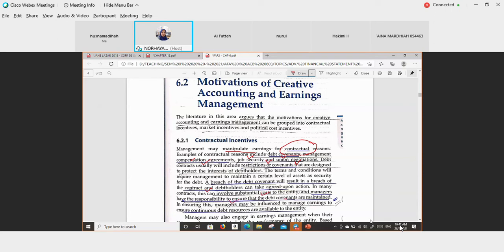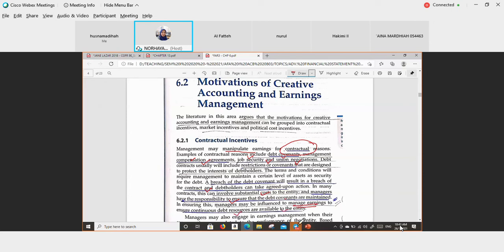So untuk pastikan dia dapat supplies of fund from the bankers for example, it should have a certain level of income. So that is why management are responsible to ensure the level of income is maintained. Are you following? Yes. In order to ensure managers are influenced to manage the earning to ensure continuous debt resources are available to entity.